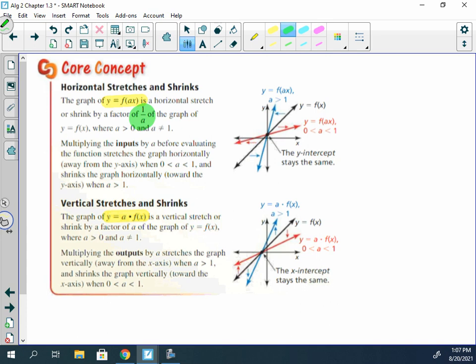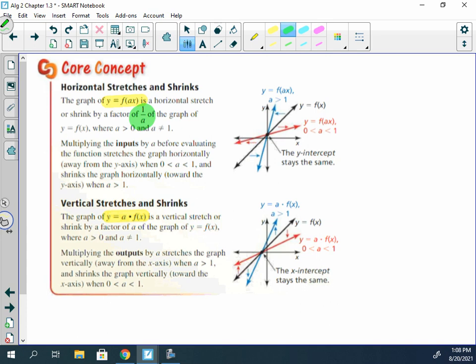So if this horizontal stretch or shrink is by a factor of 1/2, what we're actually going to plug in the function is not 1/2, but we have to flip it, and 1/2 becomes 2 over 1, which is just 2. So we plug in for the value of a inside the parentheses as 2 instead of 1/2.